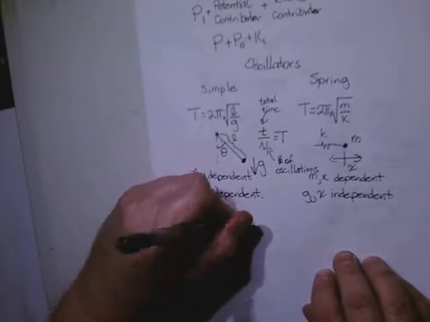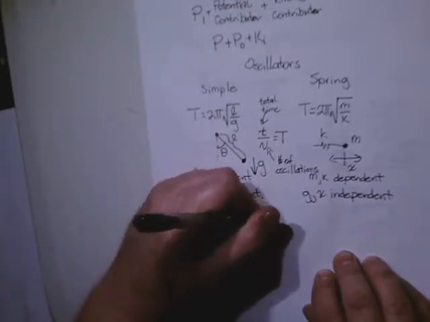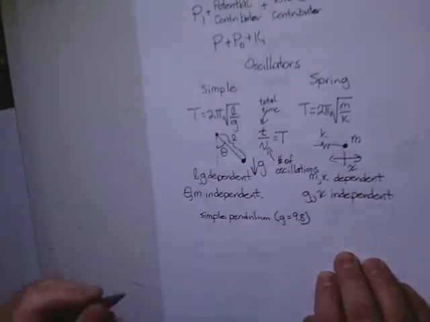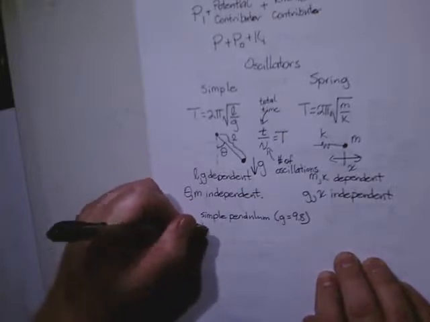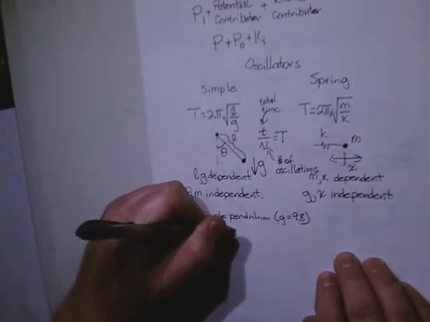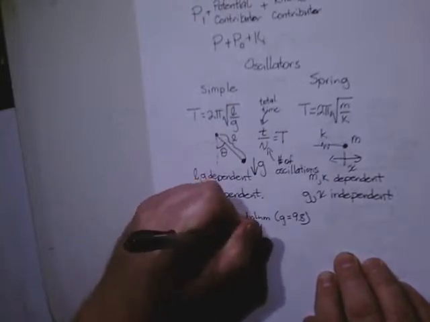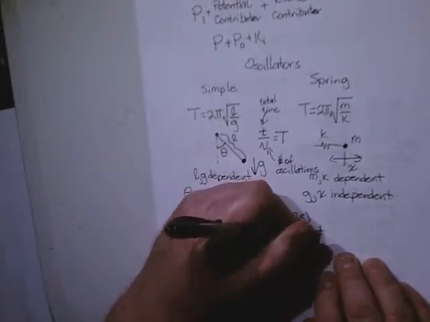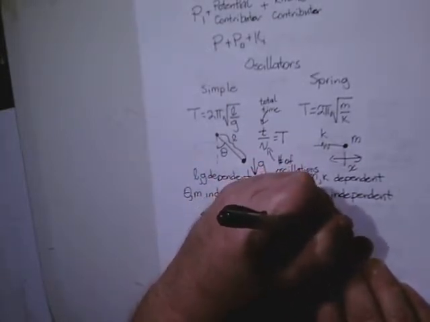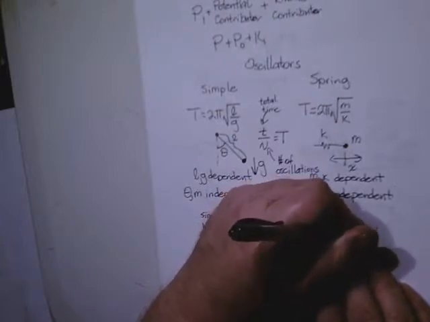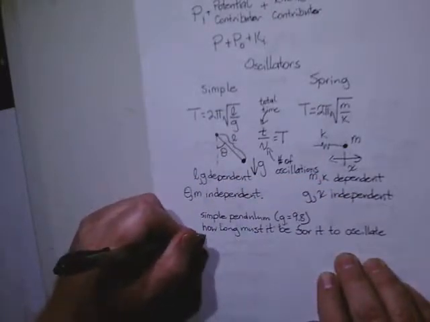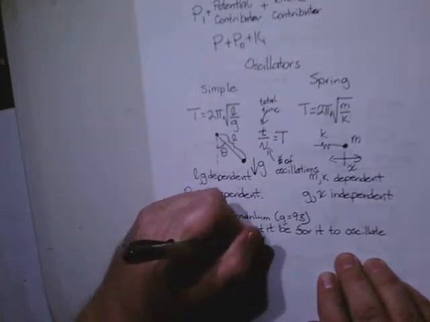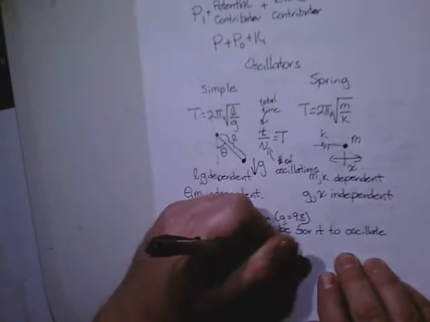and if he doesn't specify gravity, we're on Earth, which means that g is equal to 9.8. How long must it be for it to oscillate 46 times in 123 seconds?